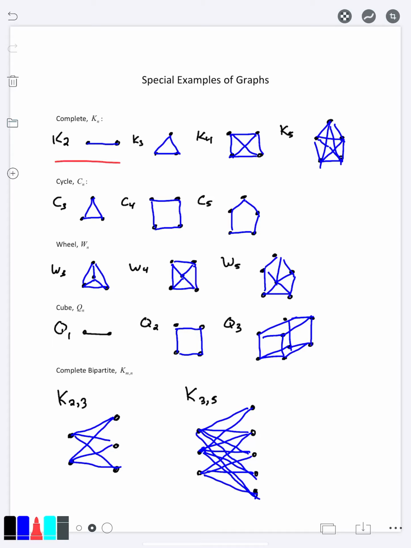For example, if you have a complete graph, if you want to find the number of edges, it's going to turn out to be the combination number C(n,2), because we're trying to have every possible edge that connects 2 vertices. So that means we want to count how many ways we can find 2 vertices. That's C(n,2), and every one of them is going to be exactly 1 edge. Like I said, you could do the same thing for all of them. I'll let you work on that and see if you can figure out the formulas. But regardless, you definitely want to know these examples.